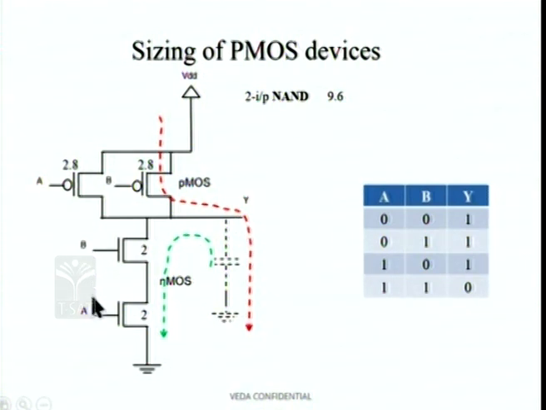Now, if any one of them is not 1, let us say B is 0, then this device is off and this device is on. Therefore, the current flows through this device and charges the capacitance to a logic 1, and because it is getting charged through a PMOS device which is a perfect transmitter of 1, the output Y reaches VDD.